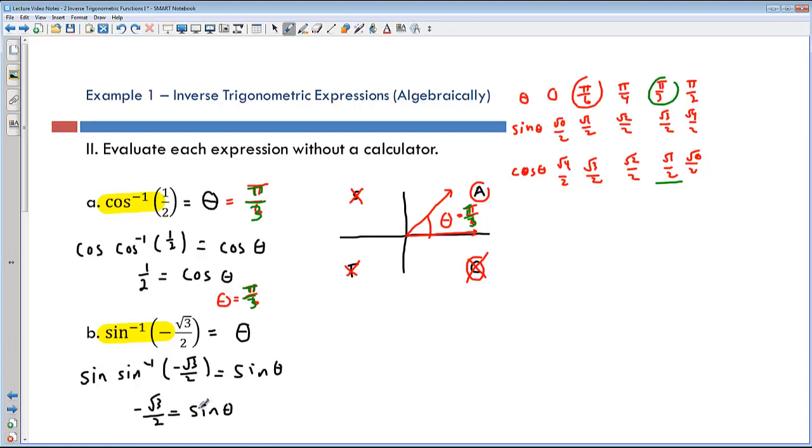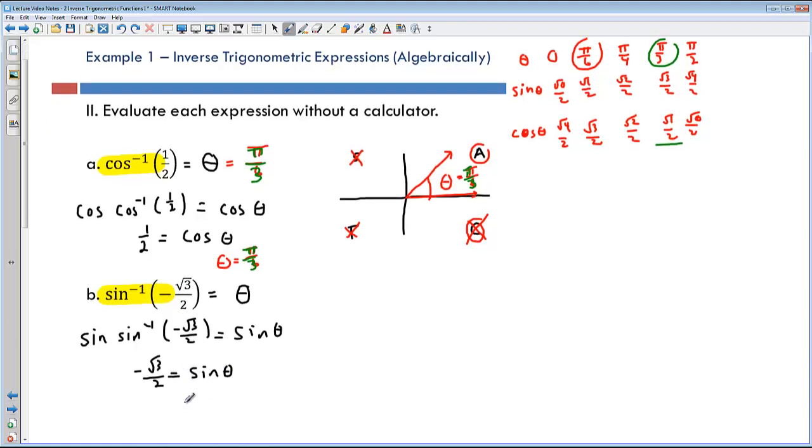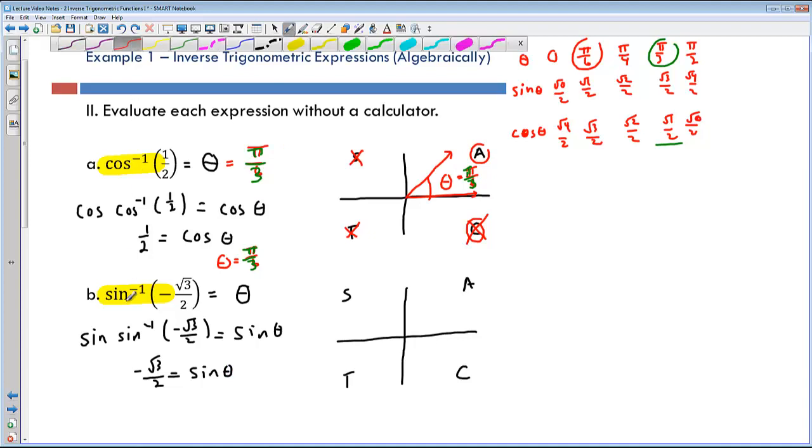And so we're left with this trigonometric equation, and to solve it, we do what we always do here. We write all students take calculus, and we try to figure out which quadrant this angle might lie in. We realize that this is negative, so immediately we can cancel the first and the second quadrant because the sine is positive in the first and second quadrant. And so it's either in the third or the fourth.